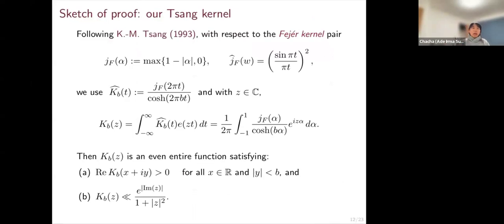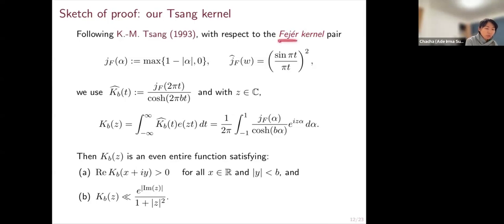So the idea is, because we don't only take zeros on the same straight line, we need a kernel that also works for complex numbers. So the idea comes from Zhang's paper when he looked at large values of the Riemann zeta function in the 1990s.